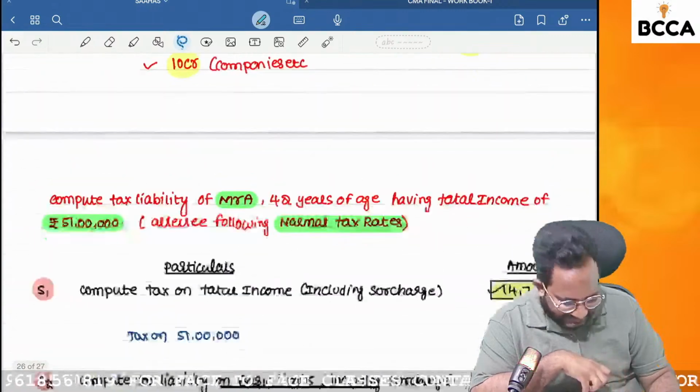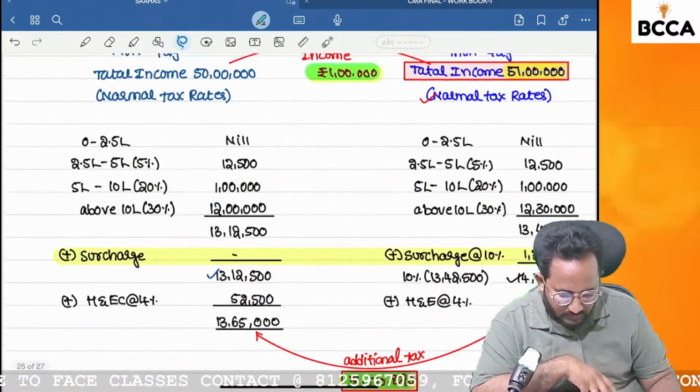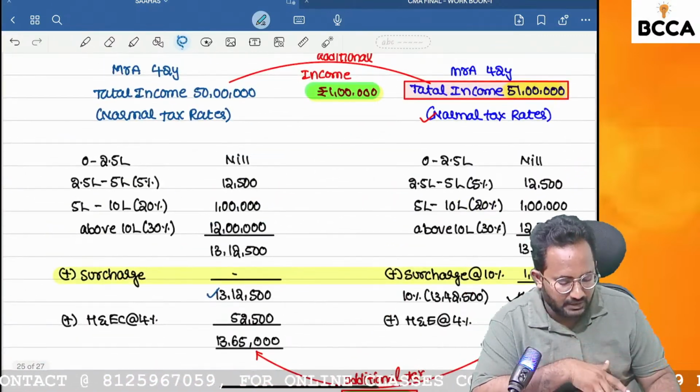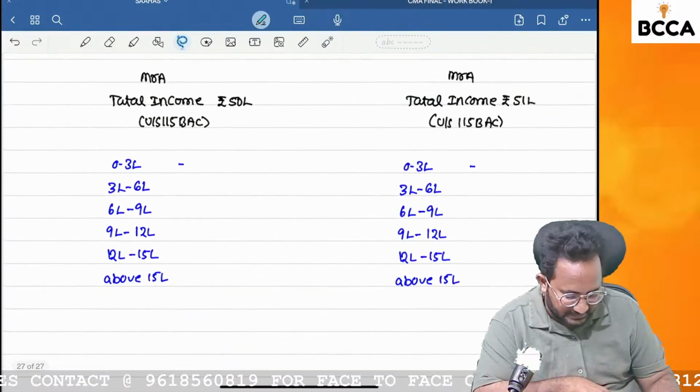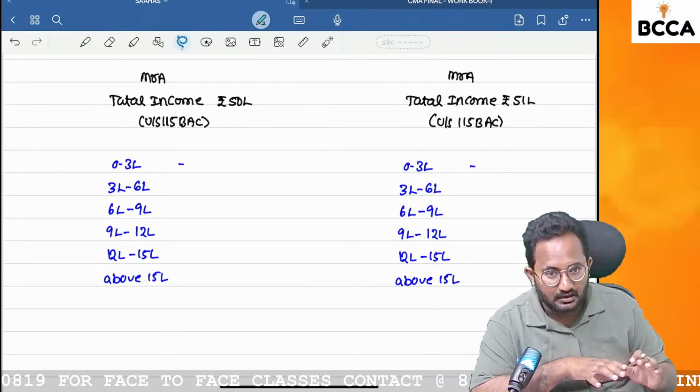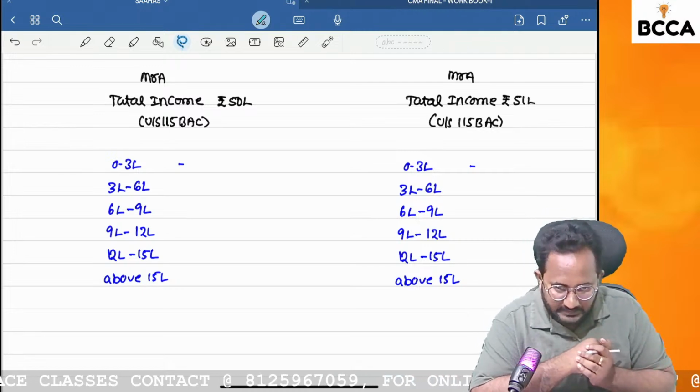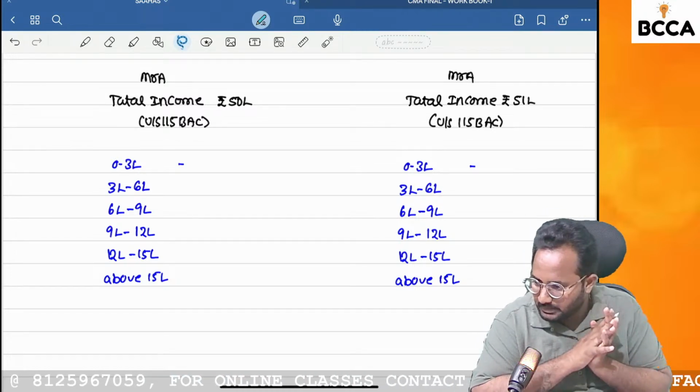So in the last calculation, we used the normal tax rate for finding out the tax liability. If that person follows the optional tax rate, we have to use the optional tax rates only for calculating the tax liability.